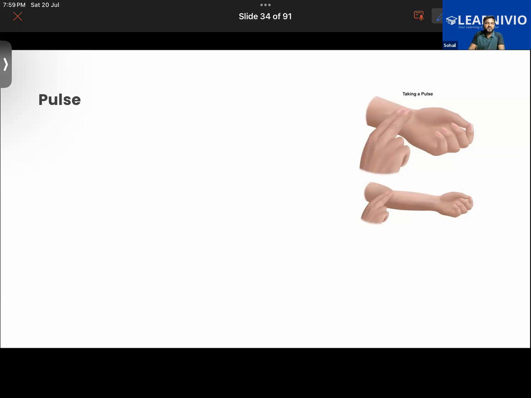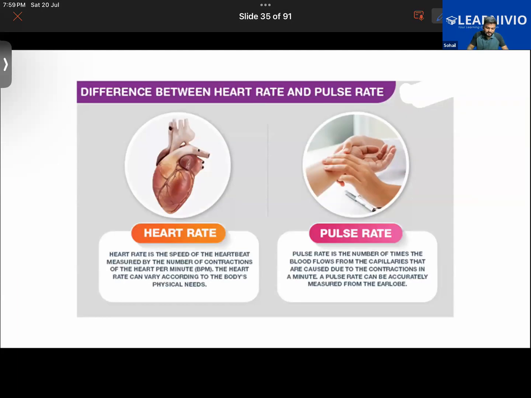In under 1 minute, or 60 seconds, the normal rate at which you will observe the vibration would be about 70 to 80 vibrations in 1 minute. Getting it now? That is 70 to 80 vibrations in under 1 minute. You guys getting what I'm trying to say? So you guys can also try to do this. That will be called the pulse rate.